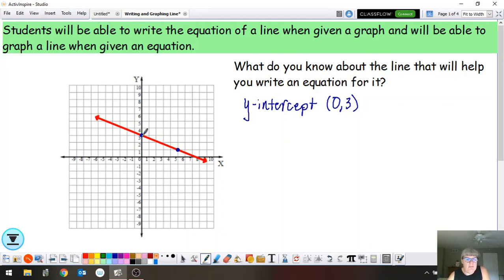And I'm going to draw myself a slope triangle, a right triangle that goes from the y-intercept to that blue line. So my vertical change is a -2. And my horizontal change is 1, 2, 3, 4, 5. A positive 5 because I went to the right.